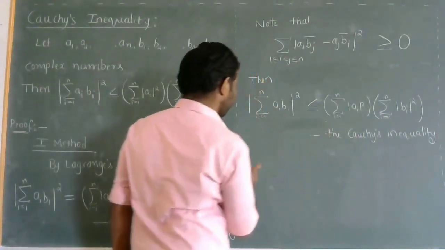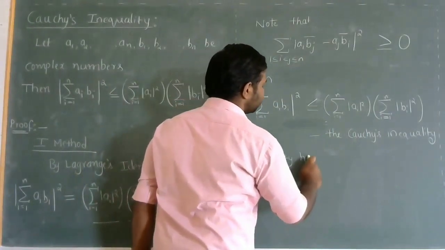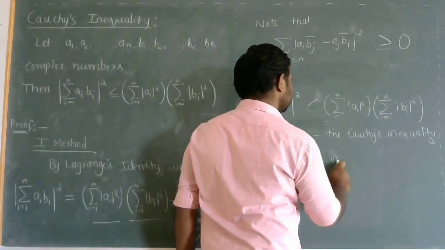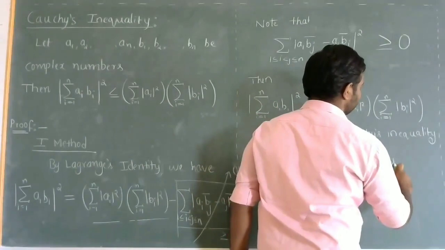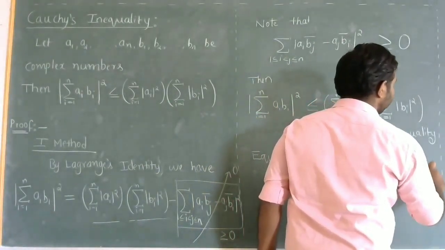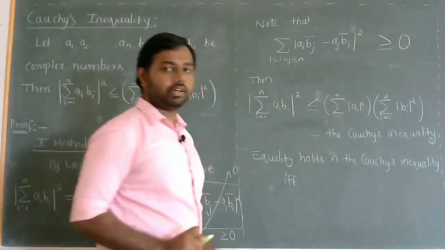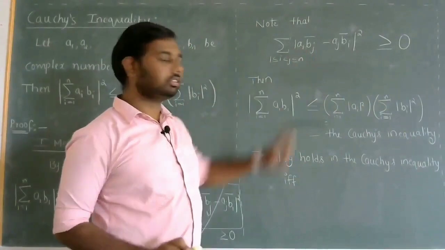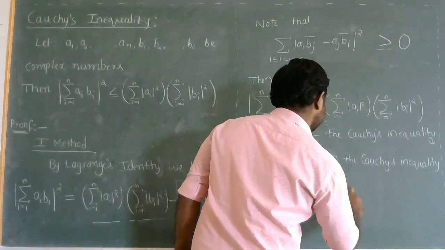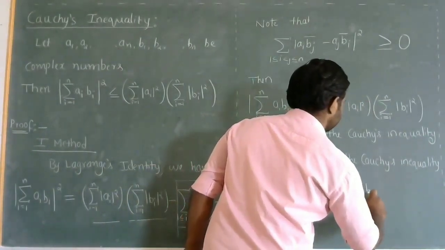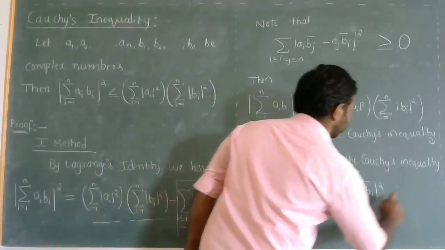So now we shall see: equality holds in the Cauchy's inequality if and only if this number is equal to 0, if and only if the summation of the non-negative terms is equal to 0.